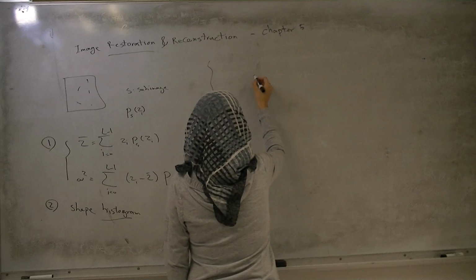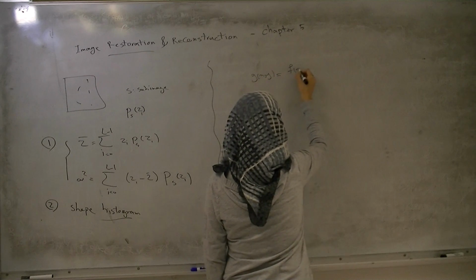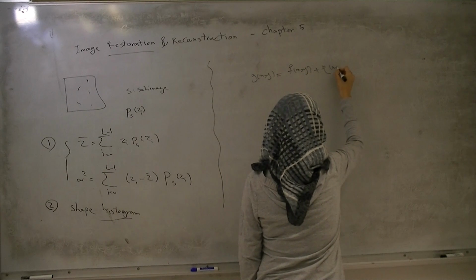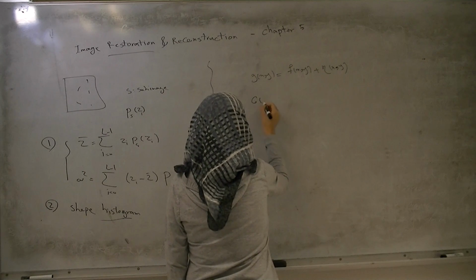As I said, we have g(x,y) equal to f(x,y) plus eta in the spatial domain.